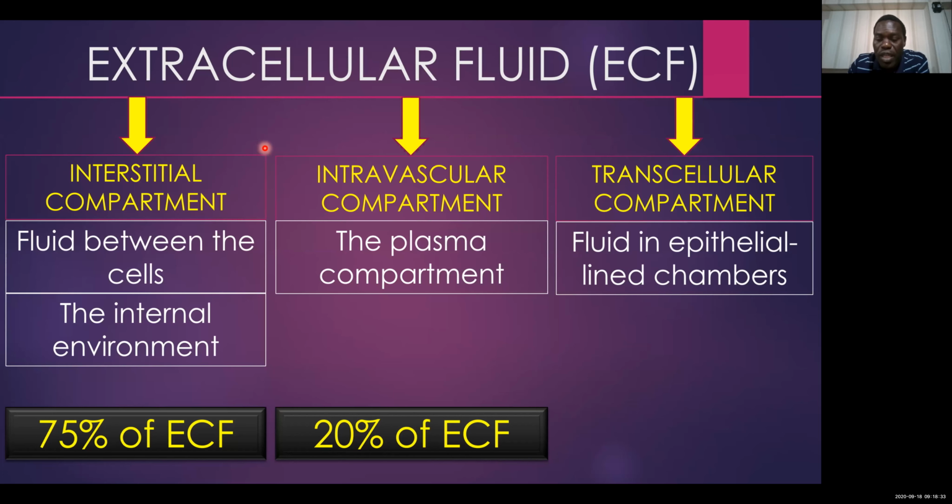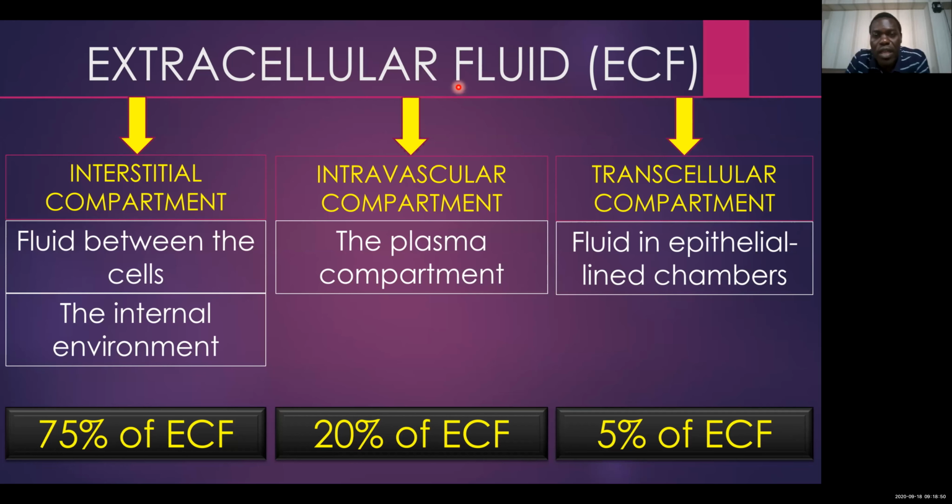Even though there are many, in total, they constitute 5% of the extracellular fluid. You'll remember that when we were calculating extracellular fluid, we agreed that extracellular fluid is 1/3 of the total body water. Now that intracellular fluid is 2/3 of the total body water.